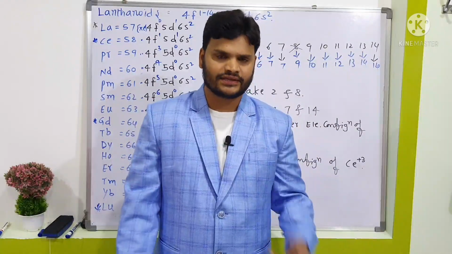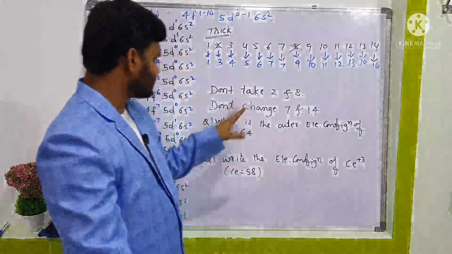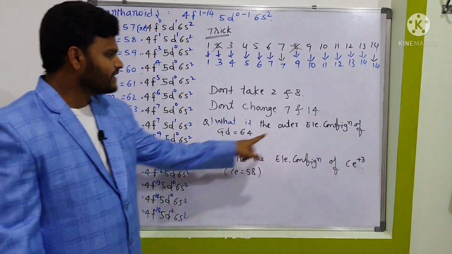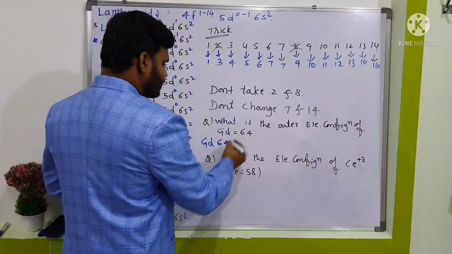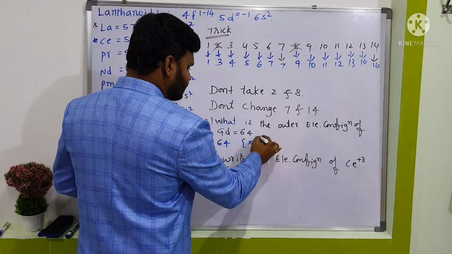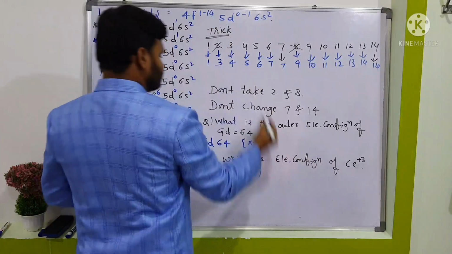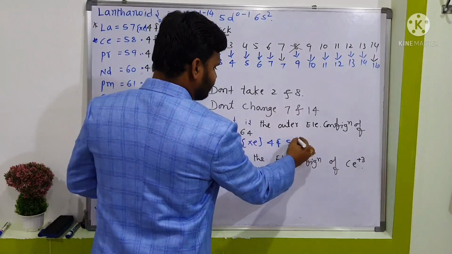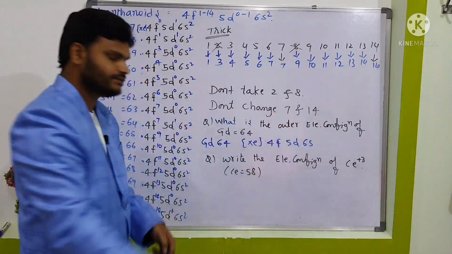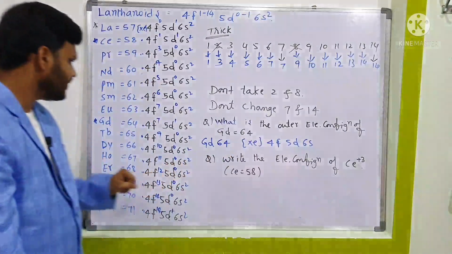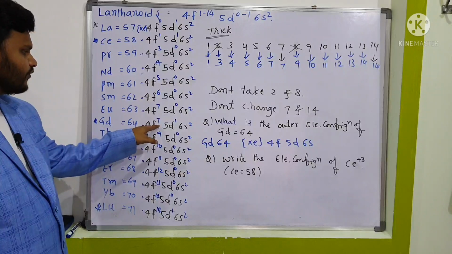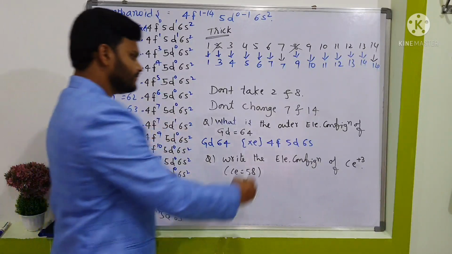Okay students, in examination you will get questions like this. First one, what is the outer electronic configuration of gadolinium? So first you have to take xenon. Next, as usual, 4f, 5d, 6s. Gadolinium is 64. So 4f7, 5d1, 6s2.